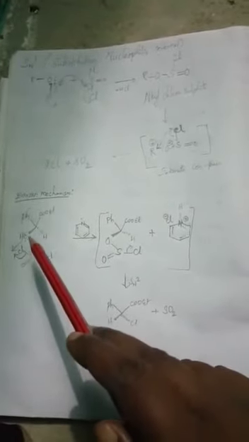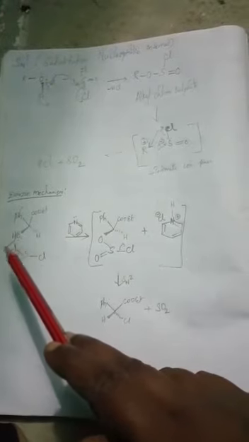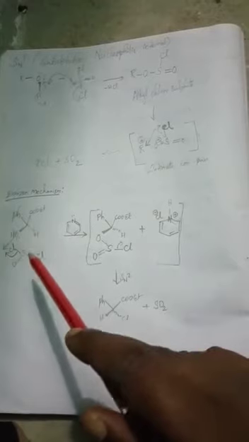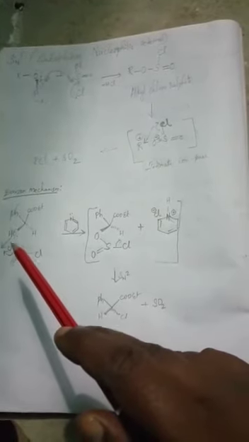Okay, another example is in the presence of pyridine, again with thionyl chloride. The hydrogen gets removed, see here, the phenyl group and this ester group, hydrogen and oxygen.